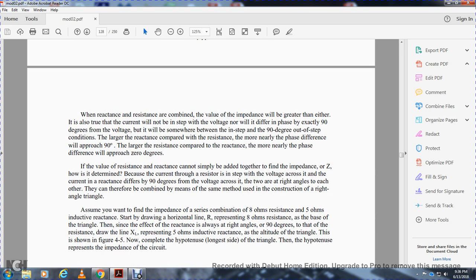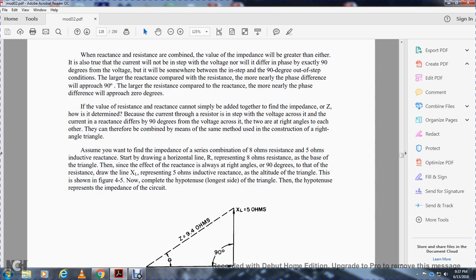It's true that the current will not be in step with the voltage, nor will it differ in phase exactly 90 degrees from the voltage. It will be somewhere between the in-step and the 90-degree out-of-step condition. With larger reactance compared with the resistance, the phase difference will approach 90 degrees. Larger resistance compared to reactance will make the phase difference approach 0 degrees.